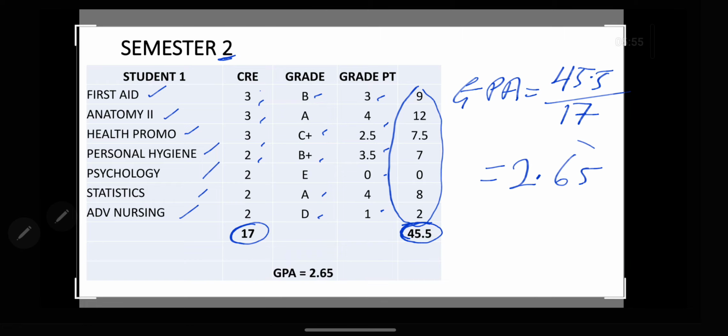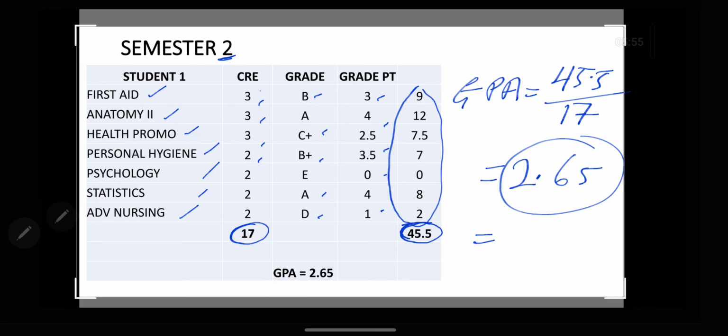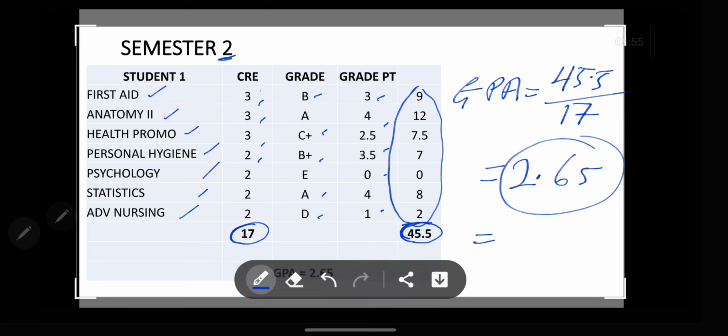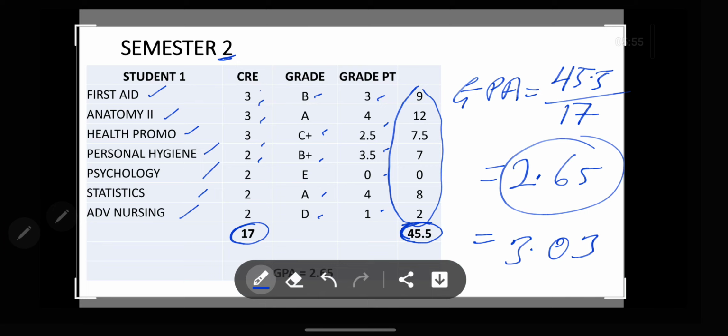That's the GPA for the second semester. Now, this is not the Cgpa. This is the GPA for the second semester. And the GPA for the first semester, which we calculated a few minutes ago, you remember, was 3.03.